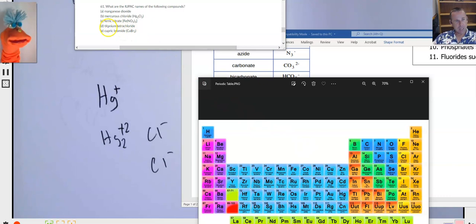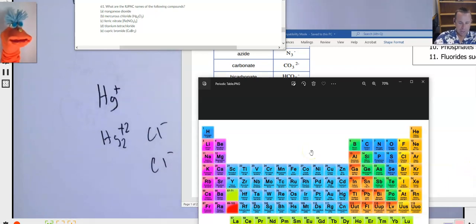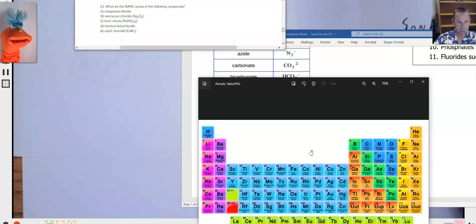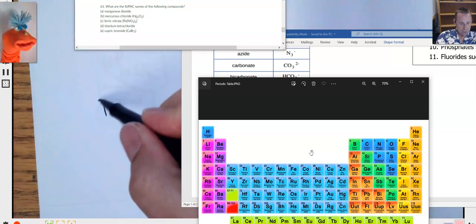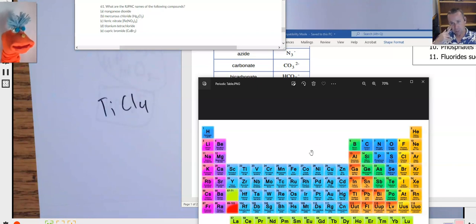All right, titanium tetrachloride. It looks like they're meaning this, right? Now, why shouldn't that be called titanium tetrachloride?